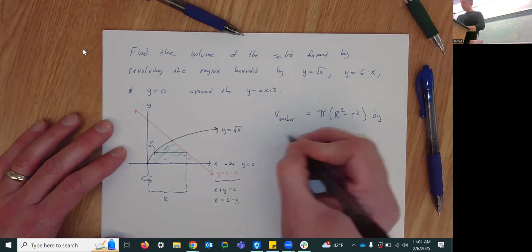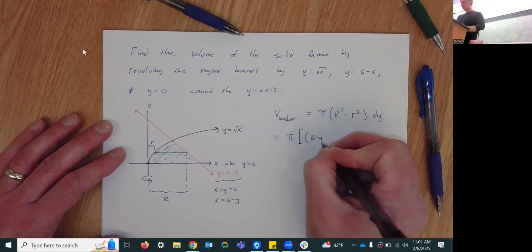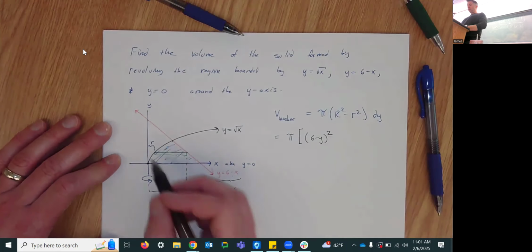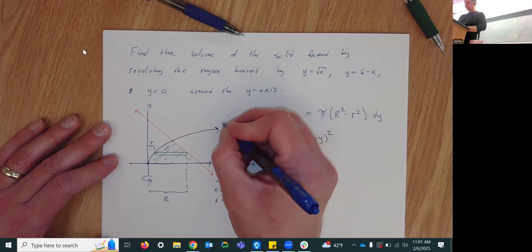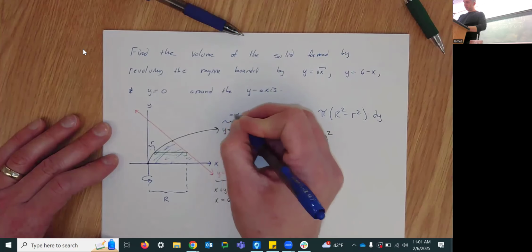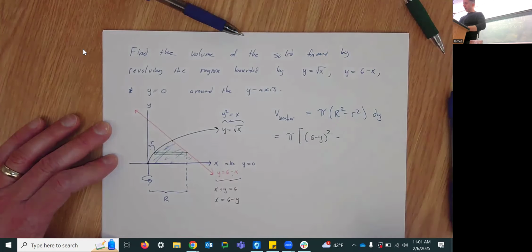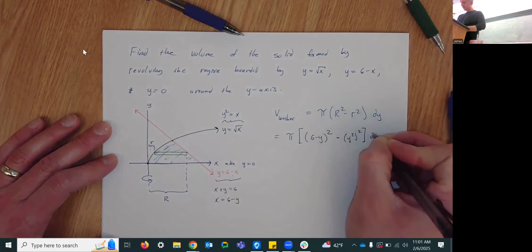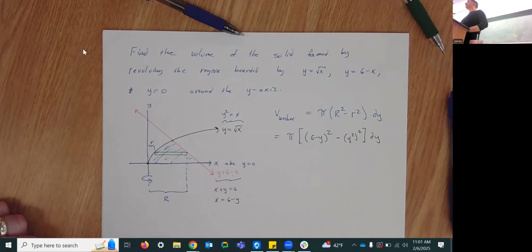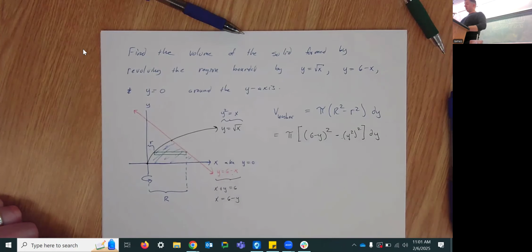So we're going to get pi times our outer radius, which is 6 minus y squared. And then our inner radius is y equals root x, which becomes x equal to y squared. So minus y squared squared. Outer radius squared, inner radius squared. Now we're going to integrate.